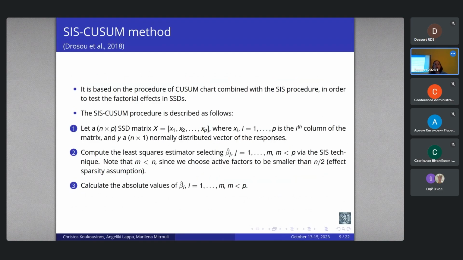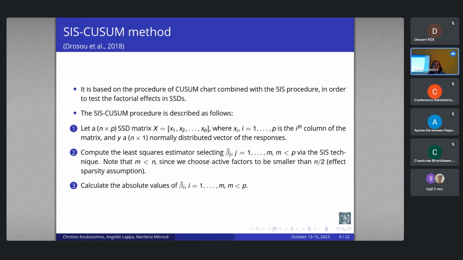This method we used along with the Cusum chart in 2018 in Rosso et al., and proposed the SIS-Cusum method. This method, as we already said, is combined with the previous SIS procedure, and we test the factorial effects in supersaturated designs. It's described as follows.